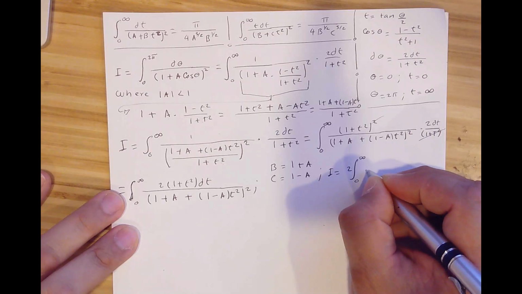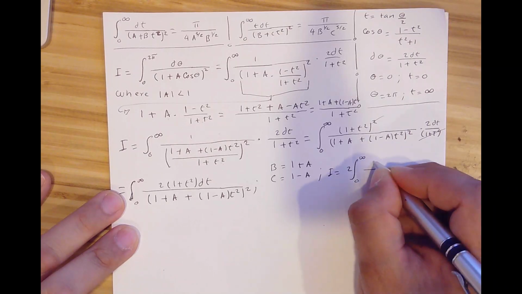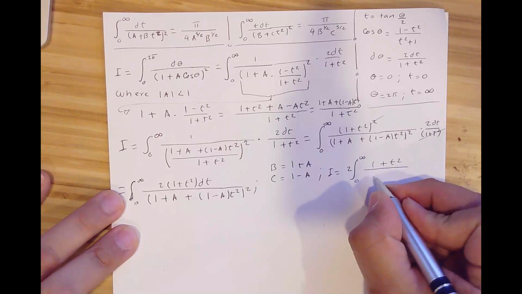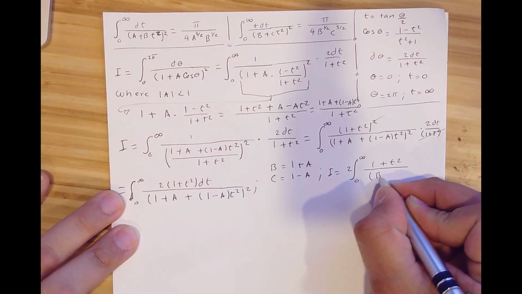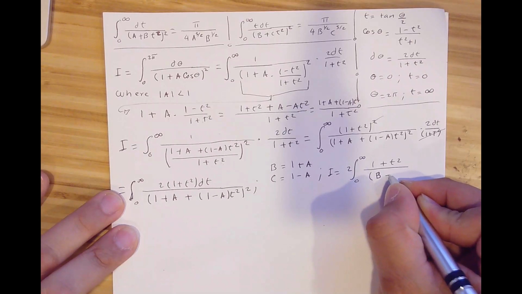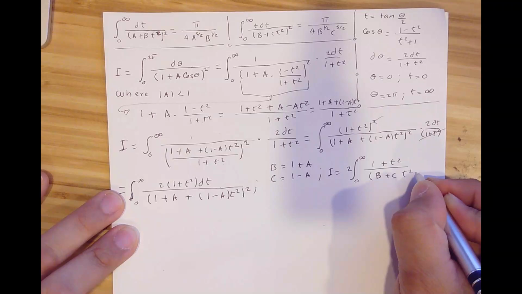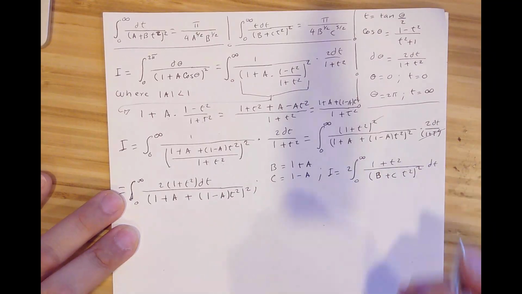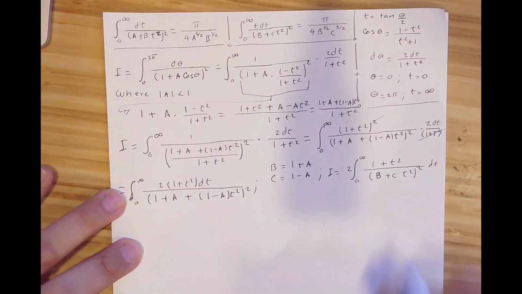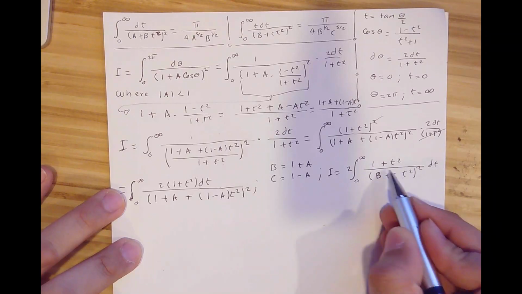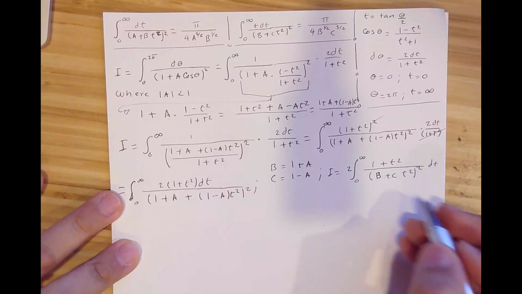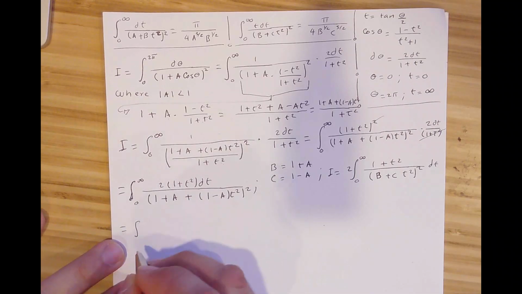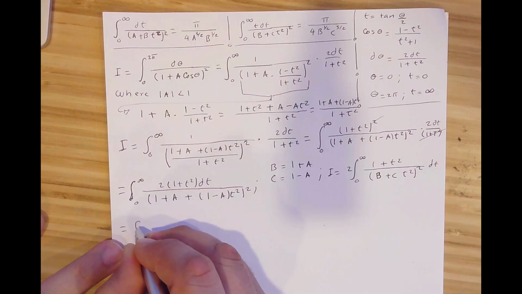So we will have 2 times 1 plus t squared, right, over b plus c t squared, squared, the derivative of t. And we can separate this into integrals because we have this addition in the numerator. So let's do it. We have then the integral from 0 to infinity.